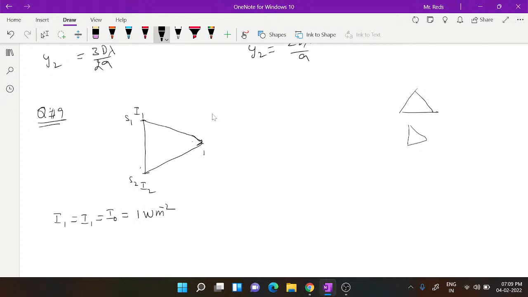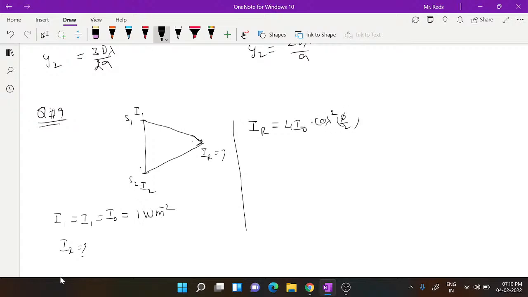We know that the resultant intensity due to interference of two waves, if the intensities of individual waves are equal, is IR equal to 4 I naught into cos square phi by 2. Yes or no?